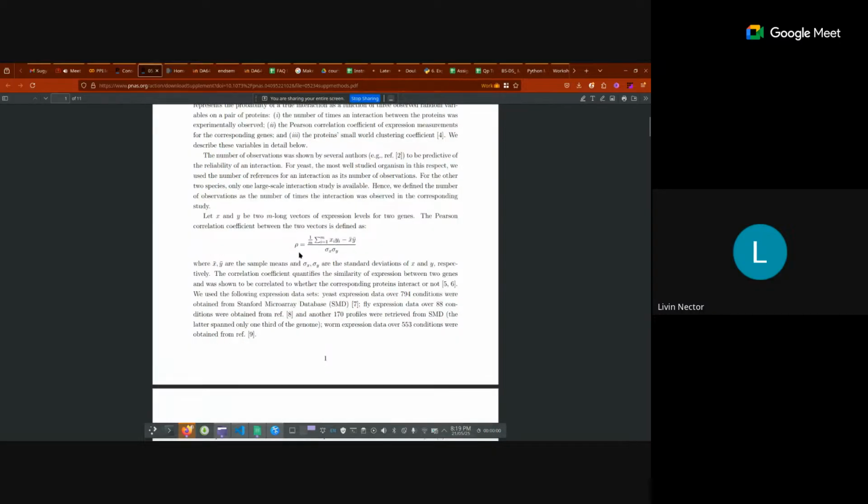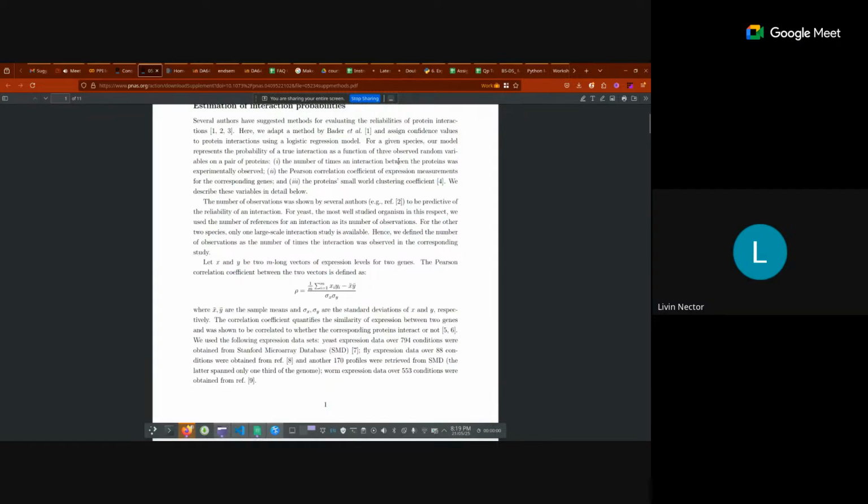So this is the basic formula for the Pearson correlation coefficient. Once we have the x and y as pairs, we will be able to find the number of times the interaction happens. Basically, we count how many times a particular pair was observed.